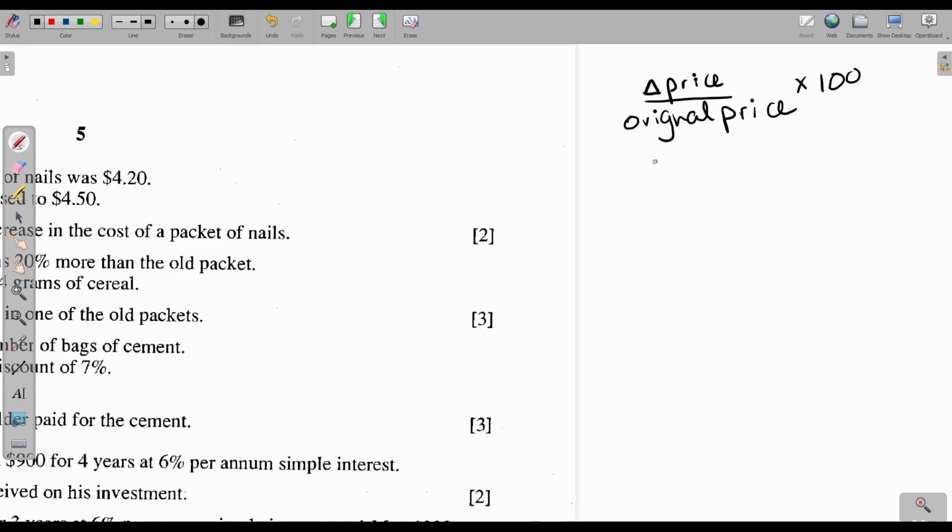So the change in the price would be the new price minus the old price. That gives us the change. And then that over the old price into 100.